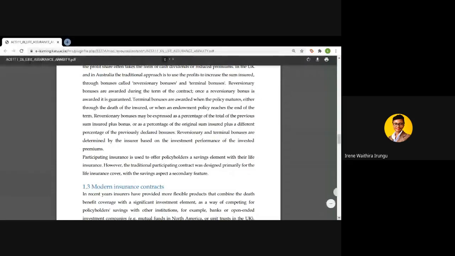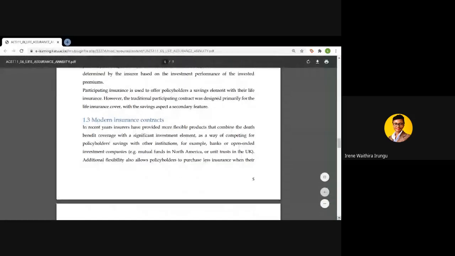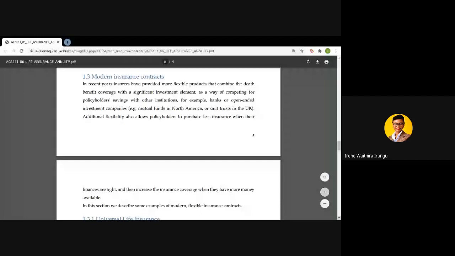The modern ones are a scenario you have seen, for instance, in a level term assurance, where it's possible for no one to receive any sum assured benefits in the event that the policyholder survives to the end of the term. And we have seen that even with participating, it is dependent on how the company performs, so that there are cases where, if the investment performance is low, the company may choose not to declare any bonuses at all.